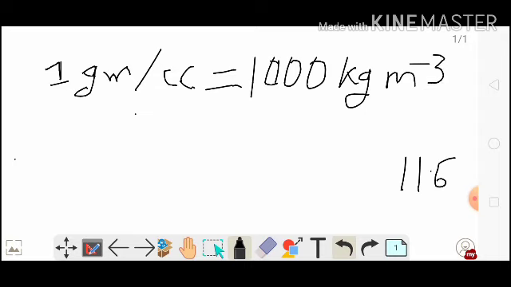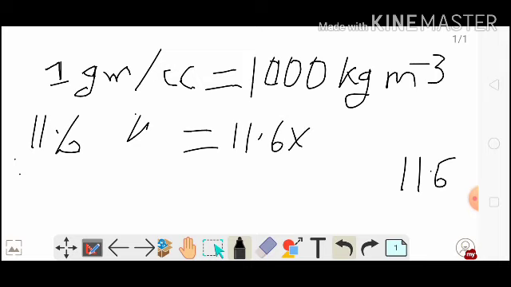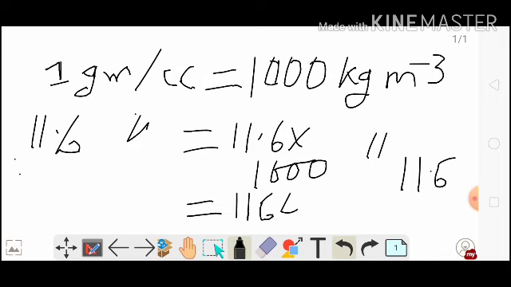So 11.6 gram per cc will be equal to 11.6 multiplied by 1000 kg per meter cube, and it will make the density 11600 kg per meter cube. Okay.